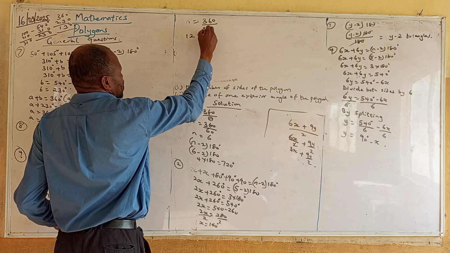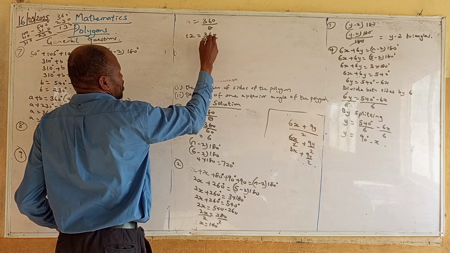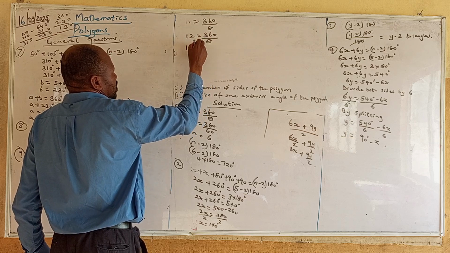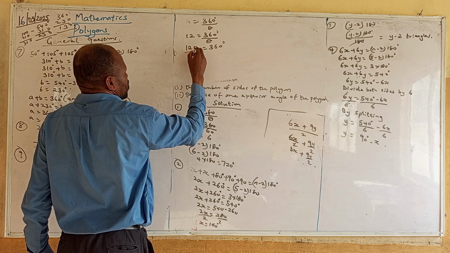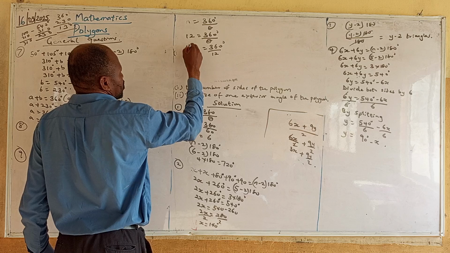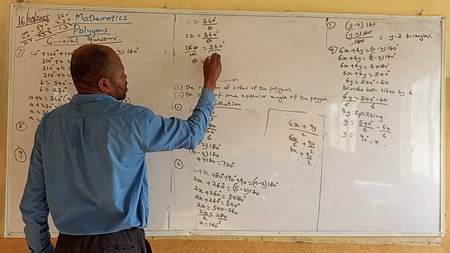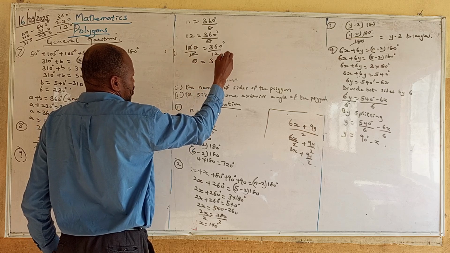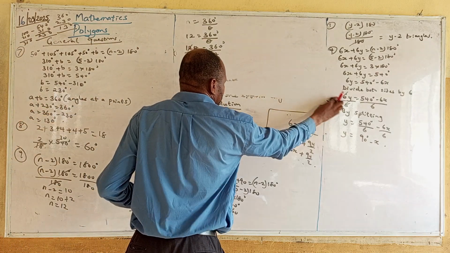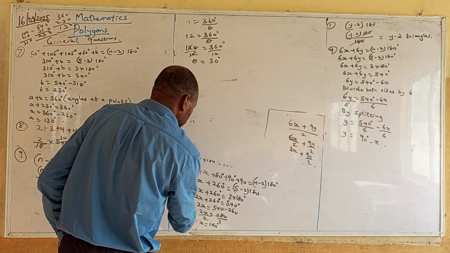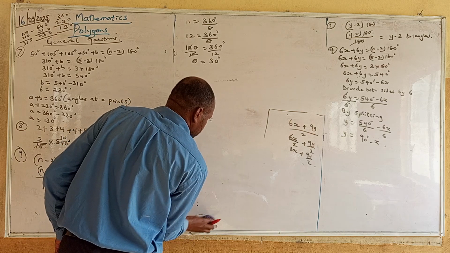So 12 equals 360 over theta. If you cross multiply, I have 12 theta equals 360 degrees. So divide both sides by 12. Theta here is 30 degrees. Okay, let's go for another round of general questions before we call it a day.